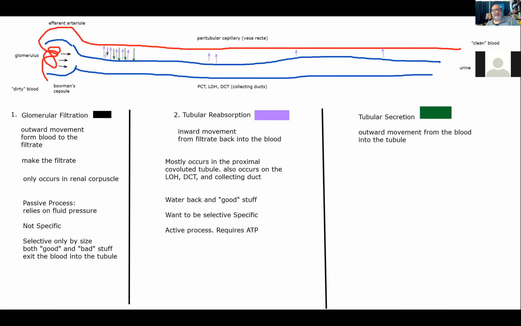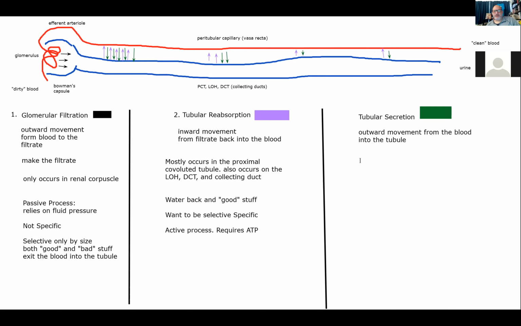So notice it isn't truly a sequential process. It's not like all tubular reabsorption occurs first and then all tubular secretion occurs. They're both occurring at the same time, where again, most of the tubular secretion occurs in the proximal convoluted tubule. Some of it occurs in the loop of Henle, some in the distal convoluted tubule, some in the collecting ducts.